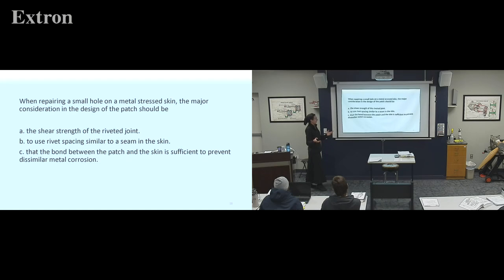Also, if you are replacing a panel, 100% you want to match the seam that was there before. But this one says use rivet spacing similar to a seam. If I'm working on the wing and I go back to the tail and say that's a cool seam, I'm going to use that one, that makes it too broad. But shear strength of the riveted joint is a major consideration.